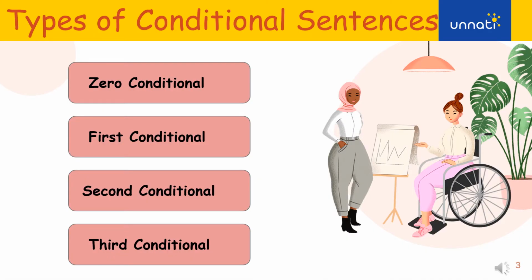So we already know that there are four kinds of conditional sentences: zero, first, second, and third conditionals. We had already discussed zero and first conditional in part 1. So here we are going to essentially discuss second conditional and third conditional sentences.